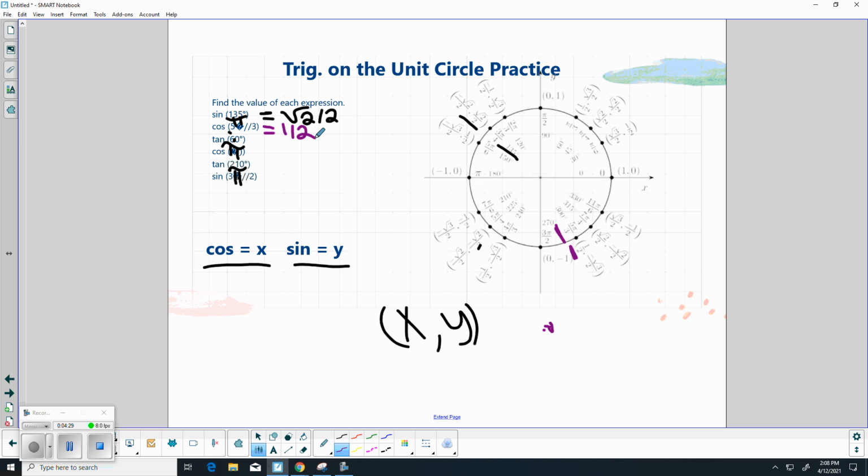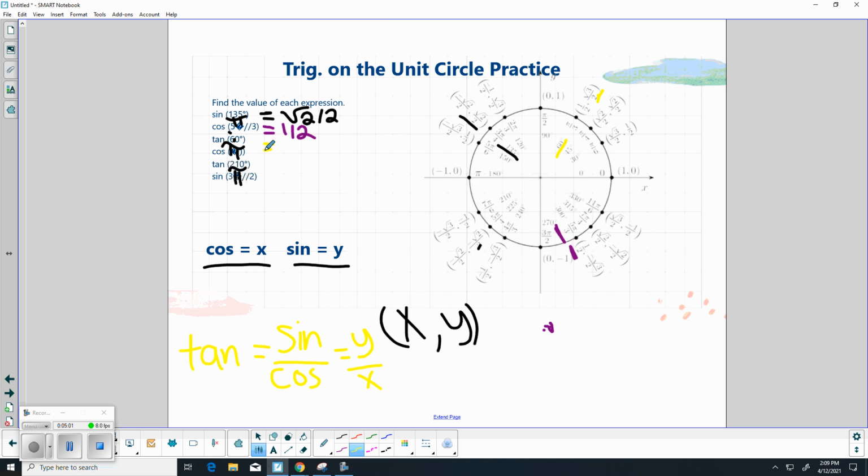Okay, so now we're going to work on finding tan 60, but remember how I said on the last slide that tan is equal to sine over cosine? Well, when working with the unit circle, this means that tan is equal to y divided by x. So we're at tan 60. We find 60, and then we find our y.